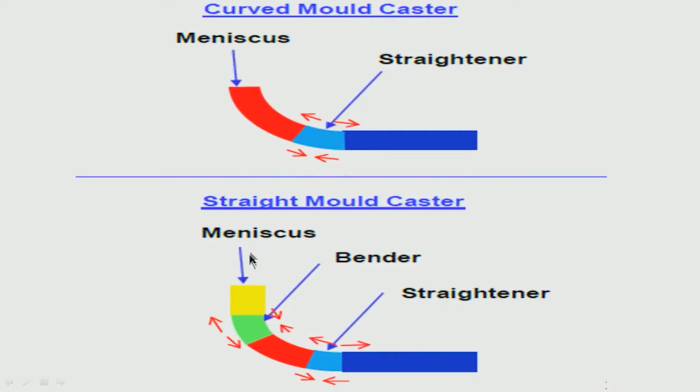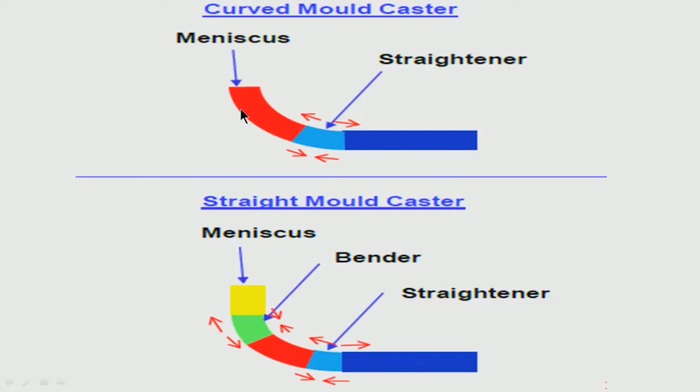A purely vertical mold is not practical, because otherwise you would have a maybe 10-storied continuous casting shop. So normally the mold is initially vertical, and then it is bent or straightened, and the cast product finally comes out horizontal.